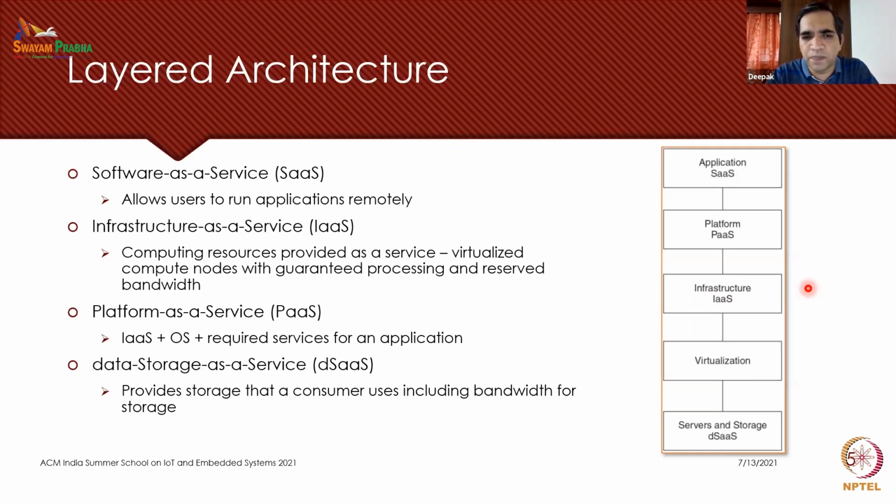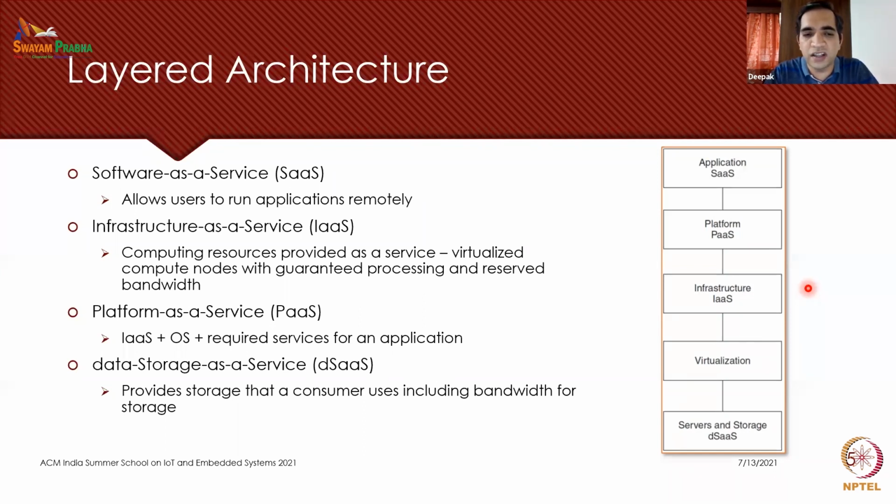So this is what comes as part of the infrastructure. It's the compute resources. It does not only have compute nodes, that is processing resources, but it also has storage resources. It also has some network resources.